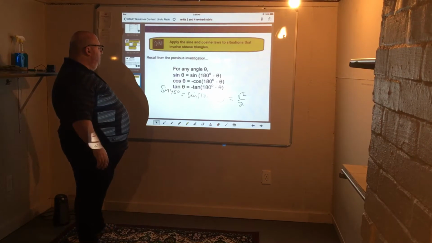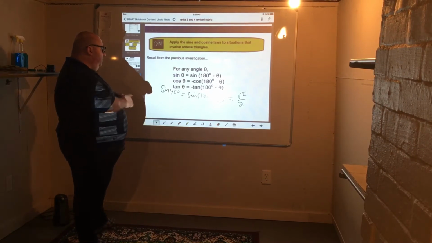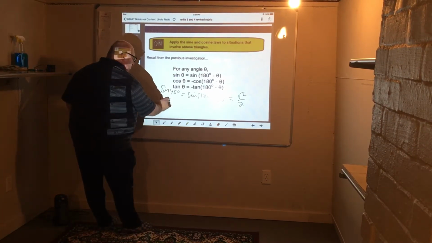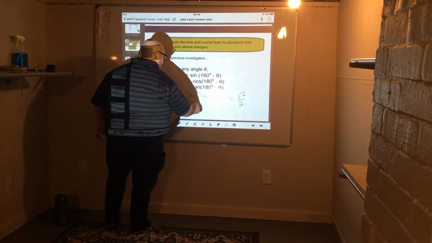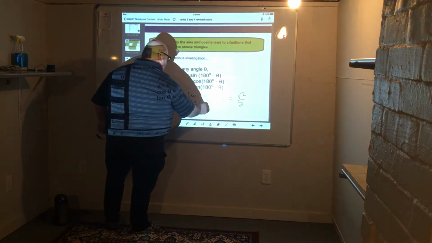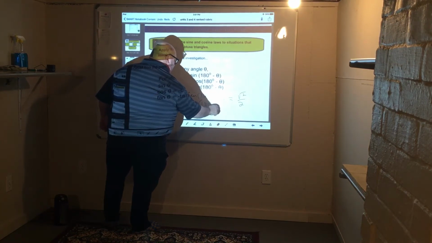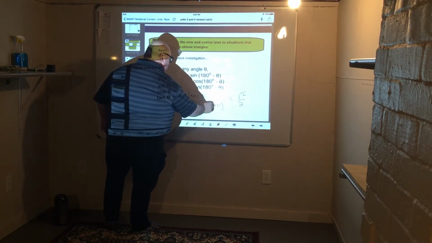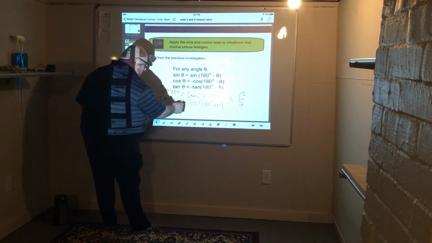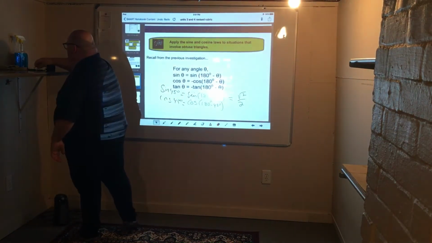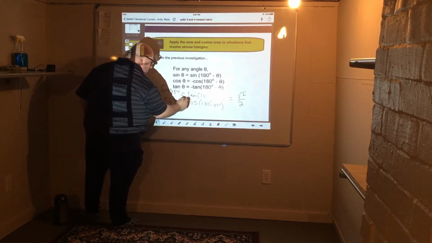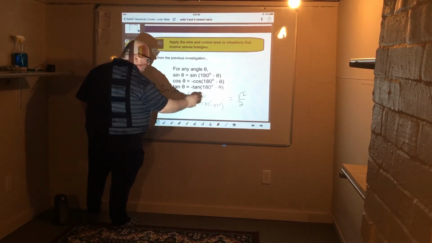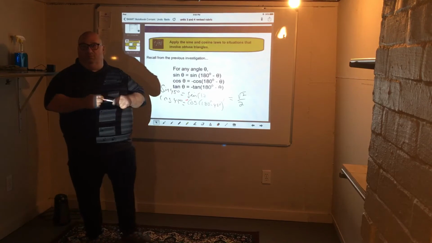Now, if we were to do the cos of 45, then we would have the cos of 180 minus 45 degrees, except that now our answer, whatever the cos of 45 is as a decimal, will be the negative of that value.